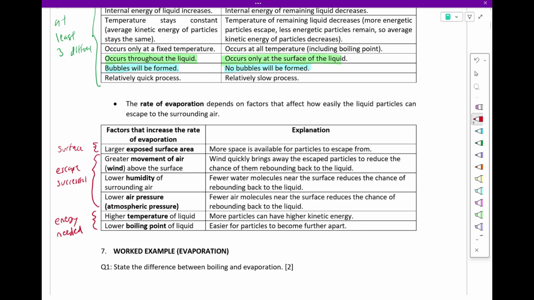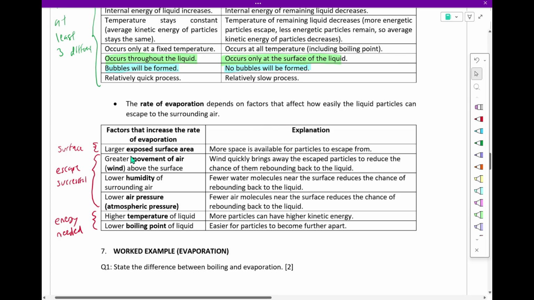So if you are very familiar with the definition of evaporation itself, you'll be able to link it directly to the reason why each factor affects evaporation.